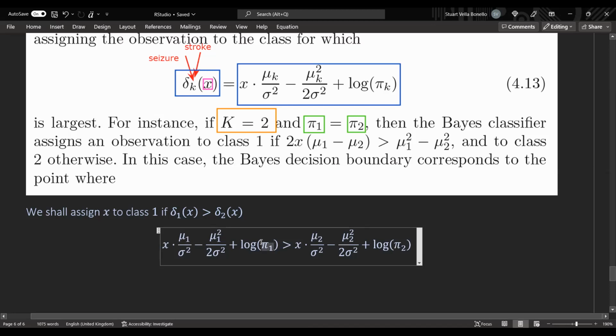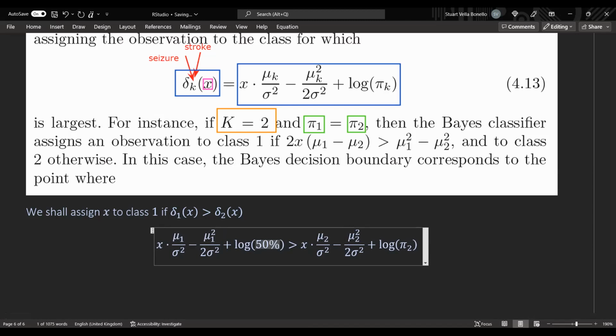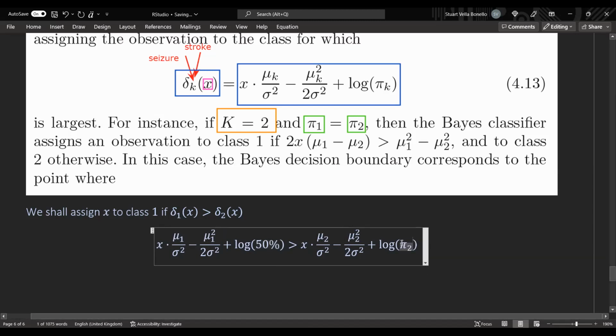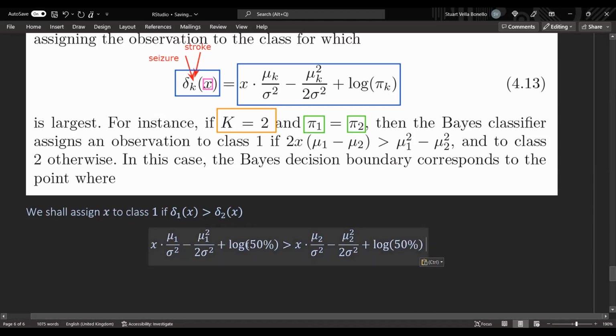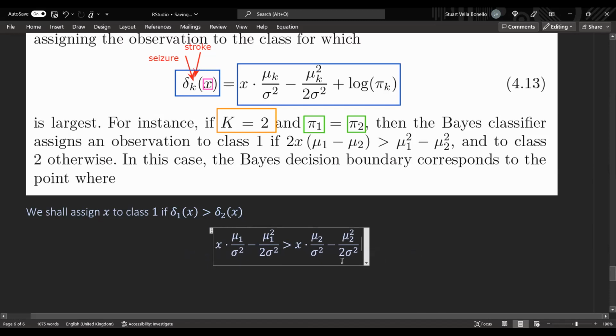Now we said we're just going to assume for simplicity that the pi's are 50%, meaning we can subtract log 50% from either side. We can multiply throughout by sigma squared. Sigma squared is always positive, so no issues with the inequality relation.